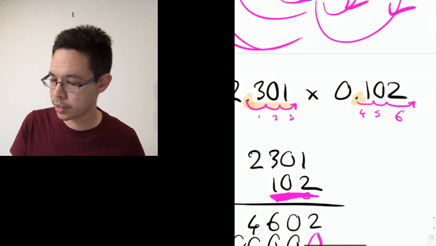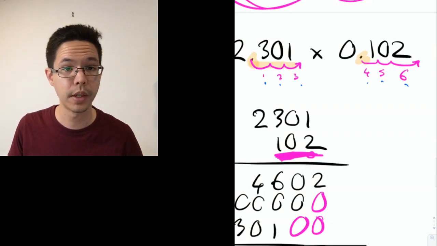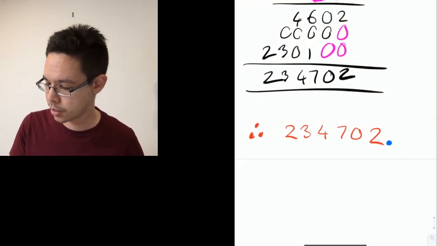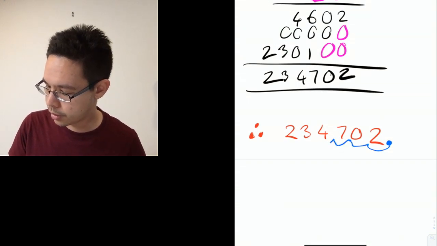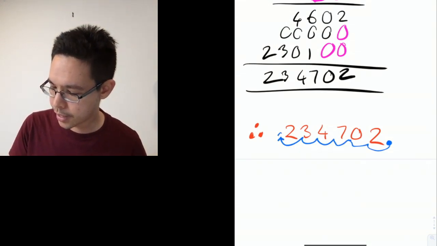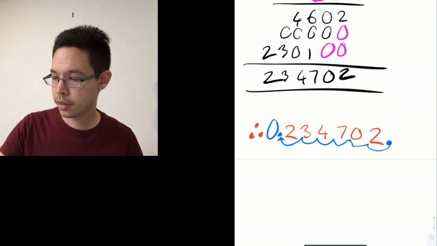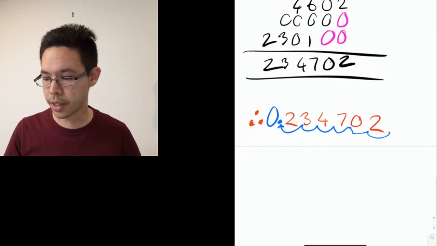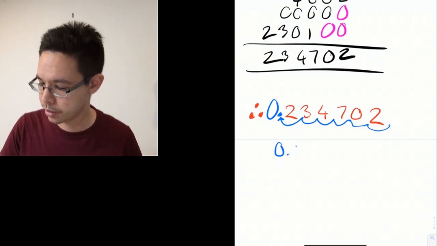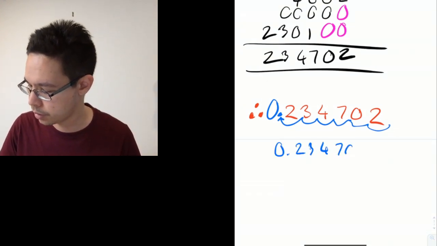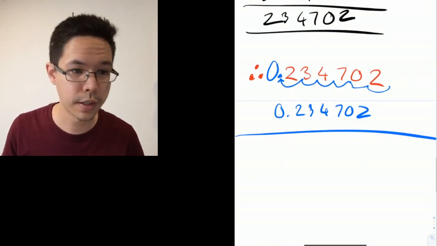I'm going to push it back, let's see, 1, 2, 3, 4, 5, 6 times. So I'm going to push it back the opposite direction 6 times. Here we go, 1, 2, 3, 4, 5, 6. So it's now sitting here, and I have to put a 0 there, and I'm done. So the actual answer is 0.23470. Hope that helps, Tanya.